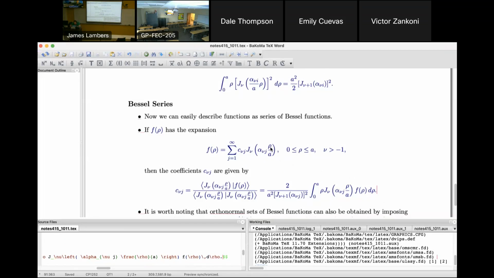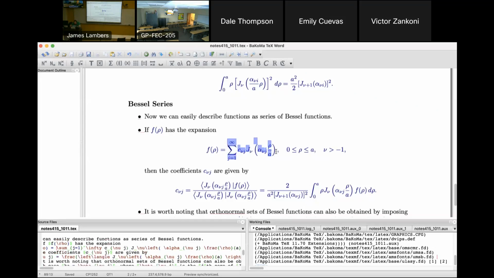If I set rho equal to a in here, what's left is you're evaluating a Bessel function at 0, so that's going to be 0. So at rho equal to a, this whole expansion will turn out to be 0.